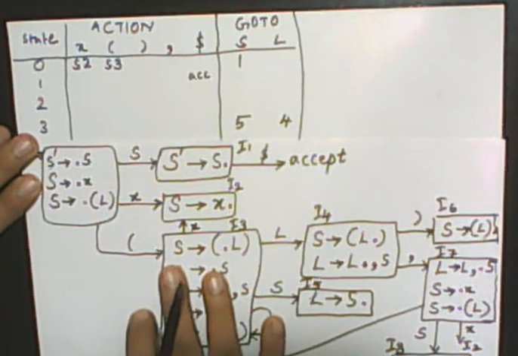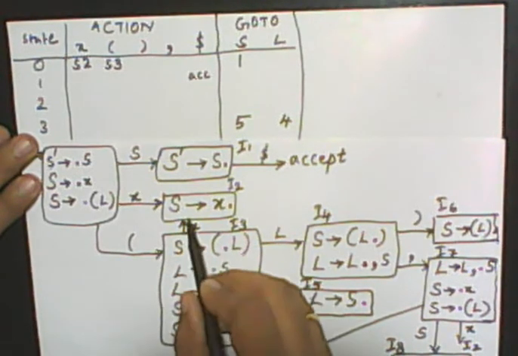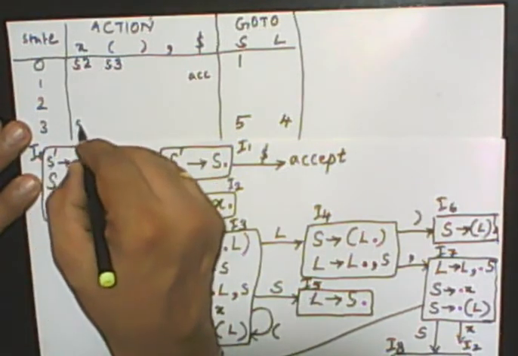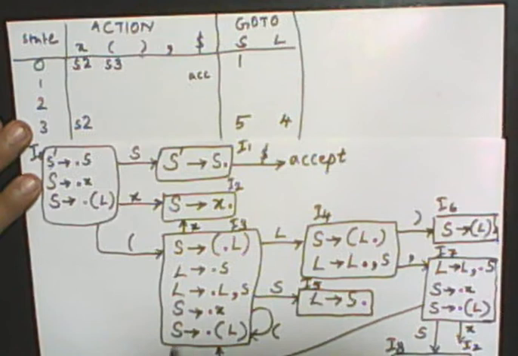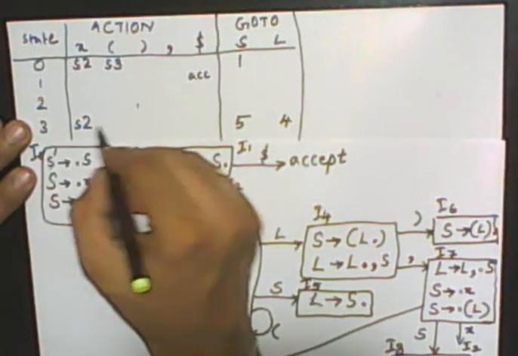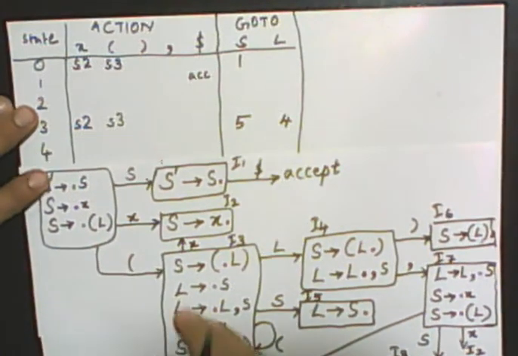Then I3 on X goes to I2, so it will be a shift operation, S2, and I3 on left parenthesis goes to itself, so under left parenthesis you have to mark S3.